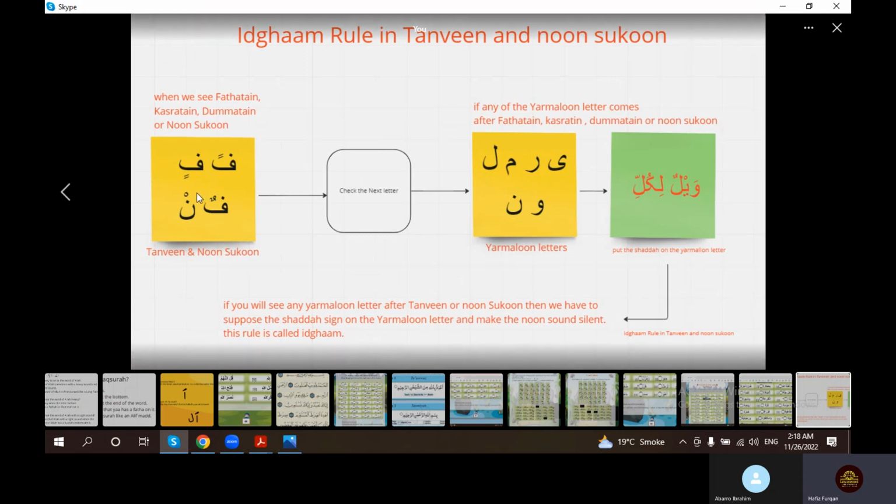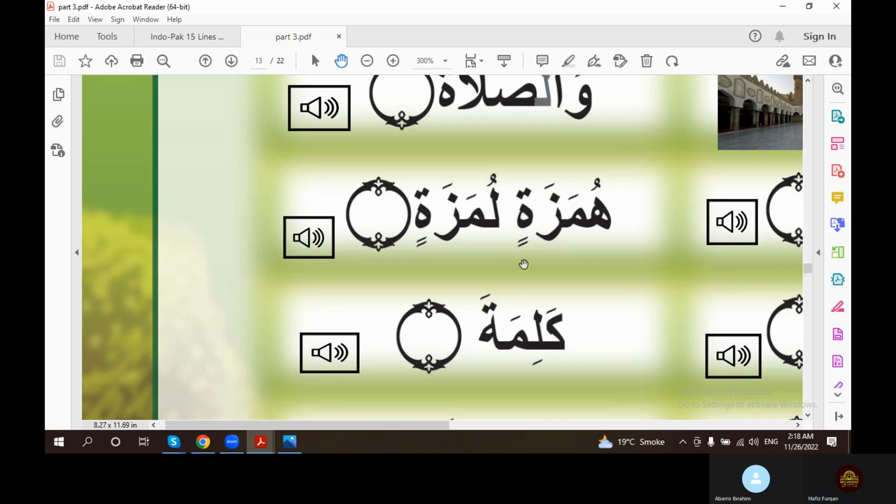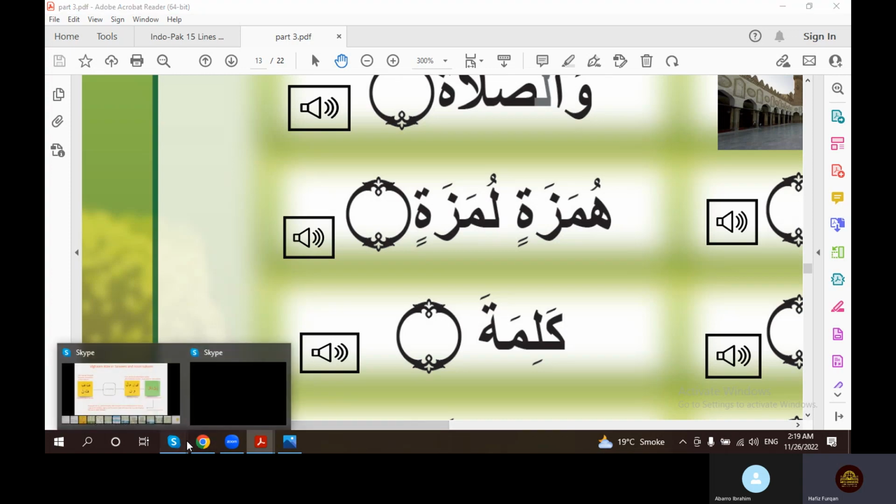So here in the book, I saw the kasratain there, right? Second step was you have to check the next letter. Now tell me what's the next letter? Lam.